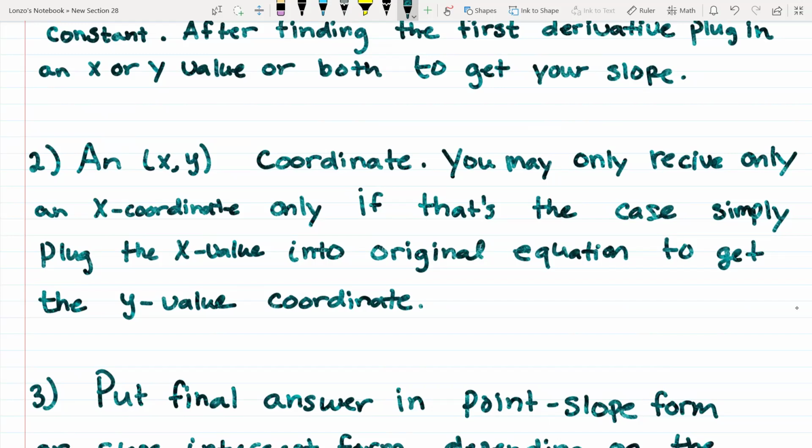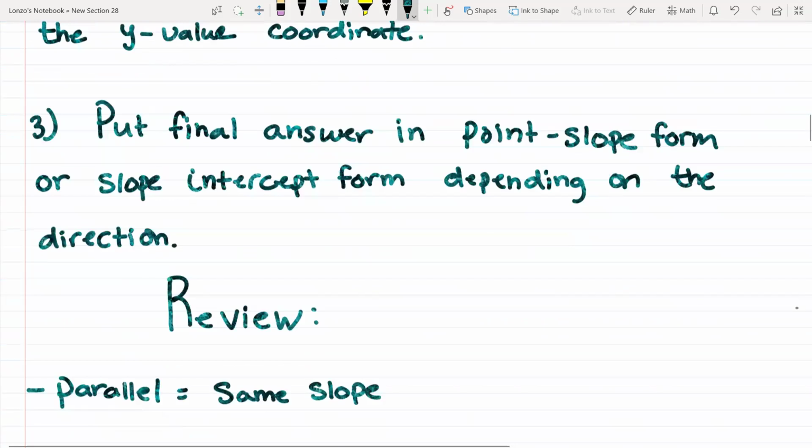If you don't have your y coordinate, plug your x coordinate into the original equation. And then finally, put the final answer in point-slope form or slope-intercept form, depending on the direction. Sometimes your professor might only ask for point-slope form, or they want you to solve for y and put it in slope-intercept form. But usually point-slope form is fine.